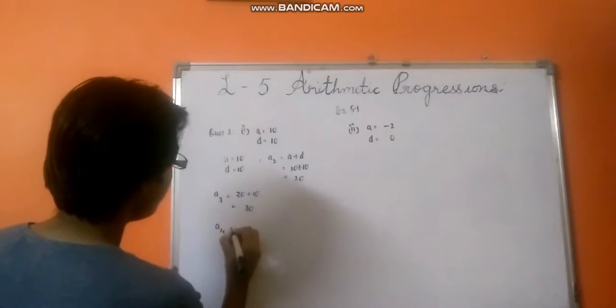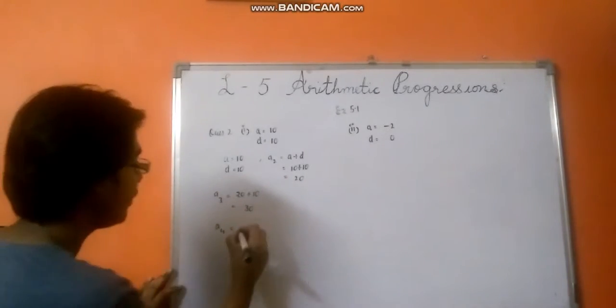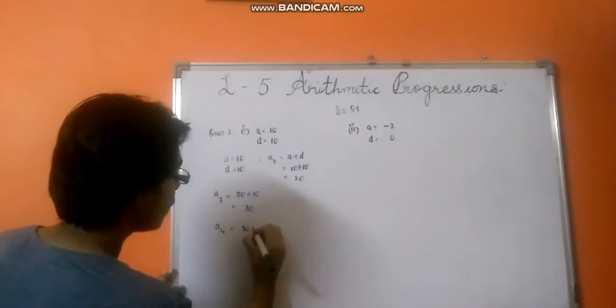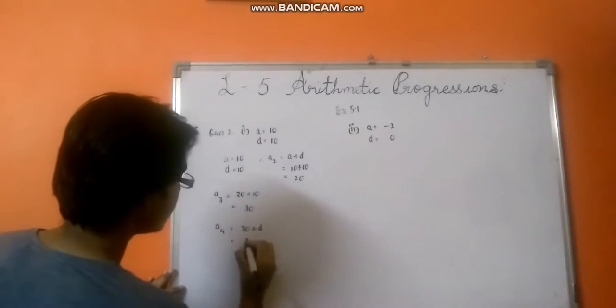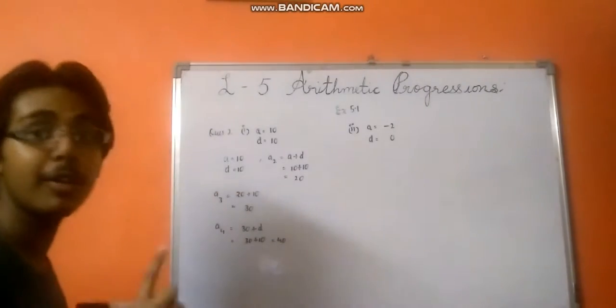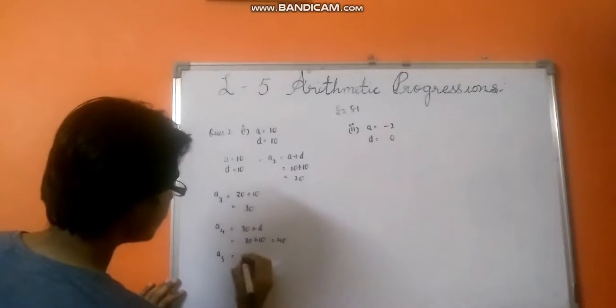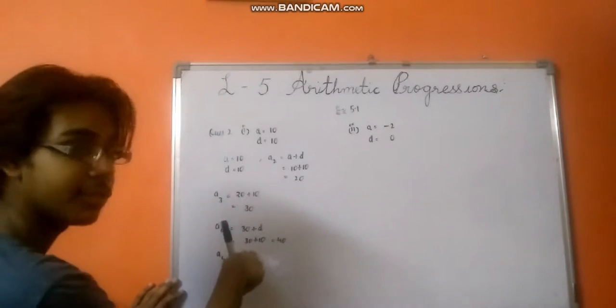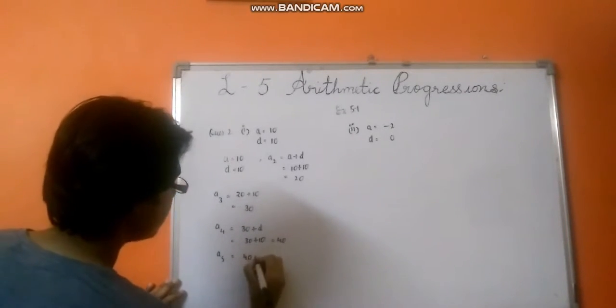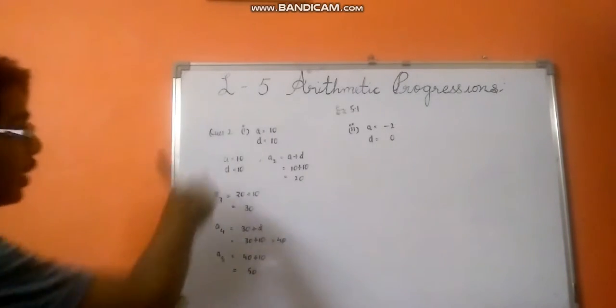A4 would be A3, that is 30, plus D, which is 30 plus 10, which is equal to 40. Now we have to find the fifth term, that is A5. A5 would be the previous term, 40, plus the common difference, 10, which is equal to 50. So you have got all the terms.